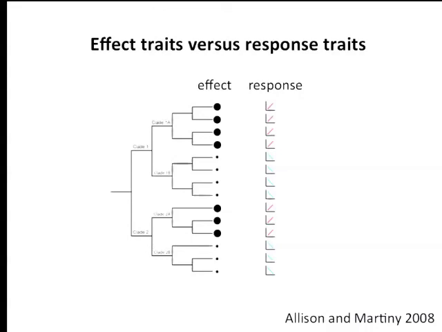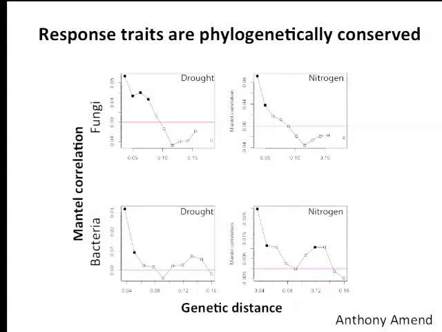The ideal situation is they're conserved and correlated with the effect traits, and in this way we could multiply the effect by the response and estimate a functional process rate. That's in my dream world. But when we started the project, we had no idea whether responses to these types of treatments would be phylogenetically correlated. So this was the task of a postdoc of mine, Anthony Amend, who's now a faculty member at University of Hawaii.